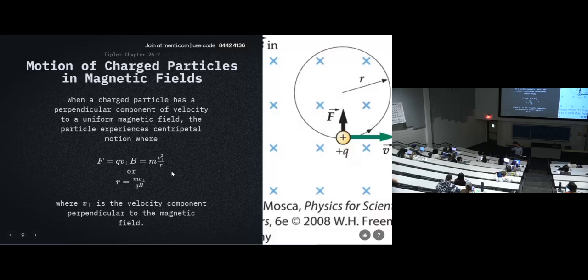Absent of any other forces, since the force is always perpendicular to the velocity, you get something like this in the image here, where it's going to draw the particle into uniform circular motion if the speed and the magnetic field stay constant. And what that allows you to solve for is R equals m v perpendicular divided by Q times B.